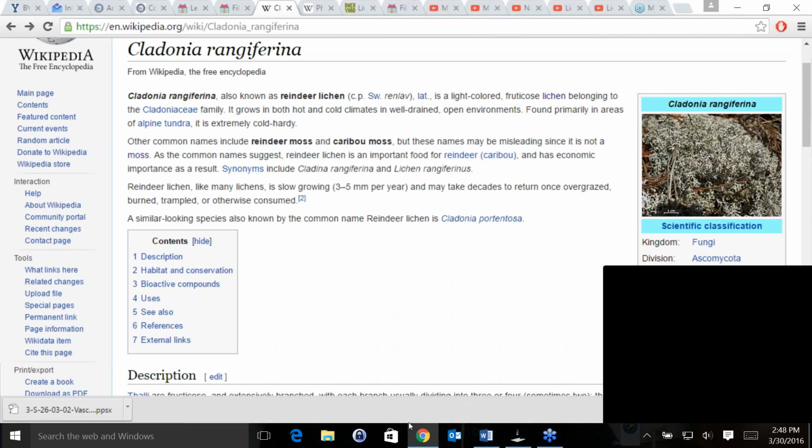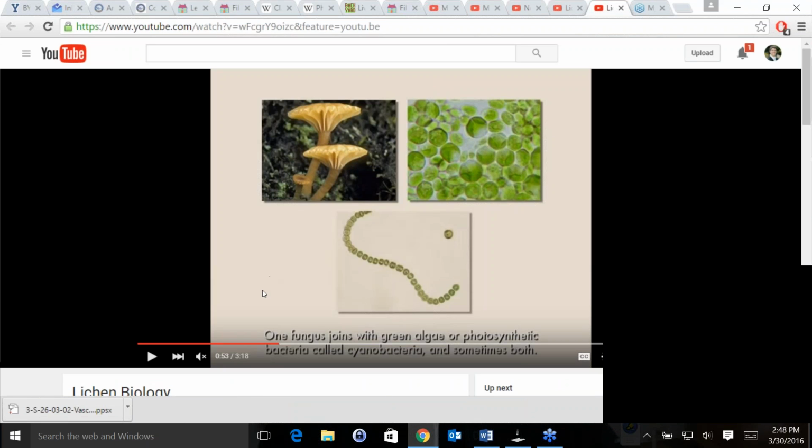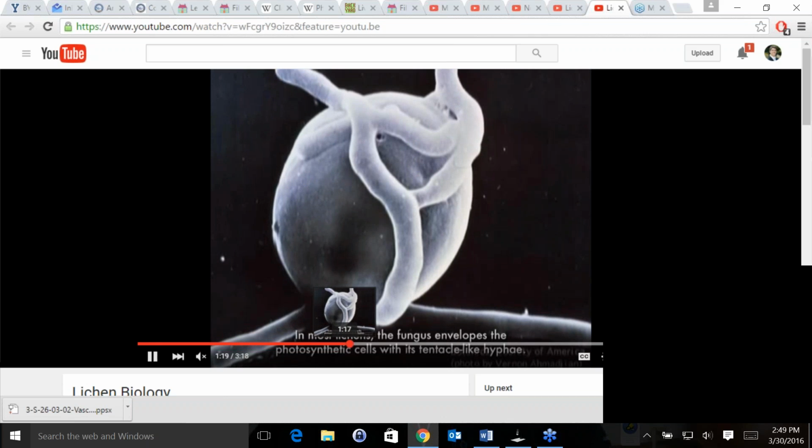Emmeline is asking, do lichens reproduce in the same way that moss does, or is it different? It's actually very different. A lichen is a composite between a fungus and an alga and/or a cyanobacterium, and they live in a symbiotic relationship.